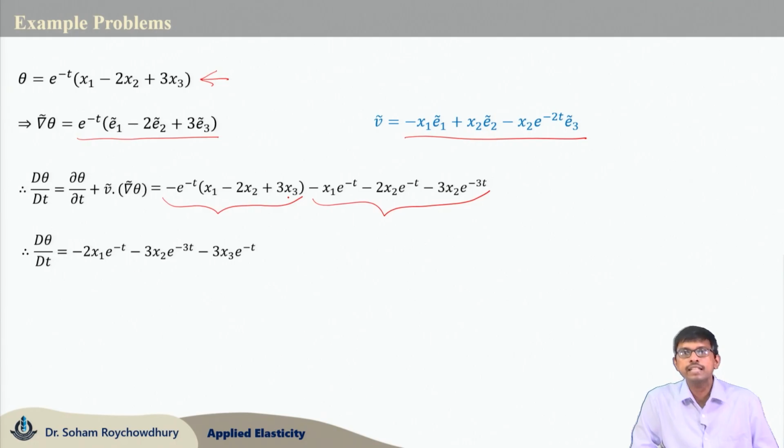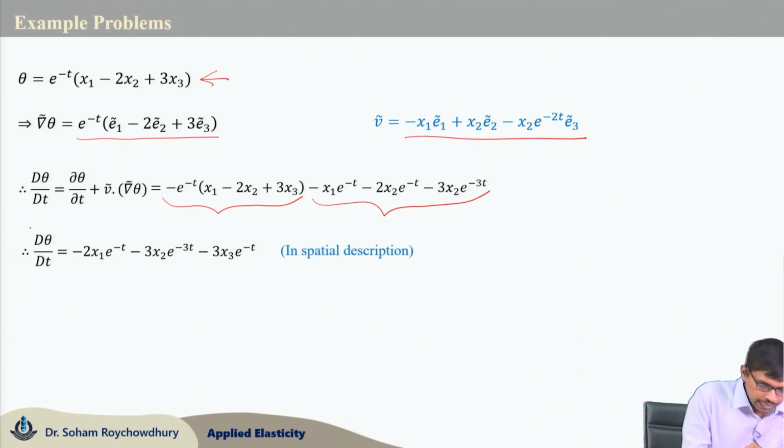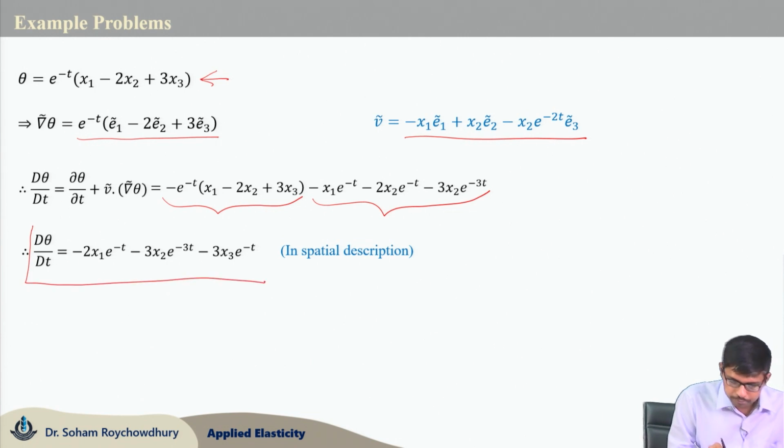And if you simplify these 6 terms, few of them will be cancelled, and finally, the total time derivative of the temperature field d theta dt equals minus 2 small x1 e to the power minus t minus 3 small x2 e to the power minus 3t minus 3 small x3 e to the power minus t. This is the change in the temperature field in the spatial description, the answer which was asked in the problem.